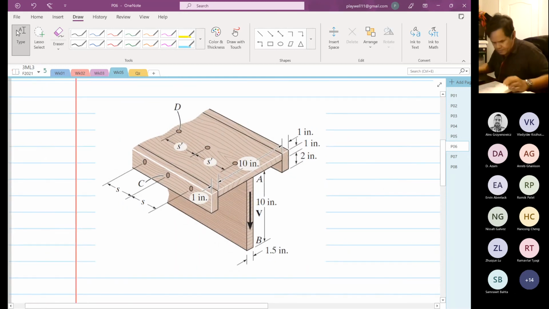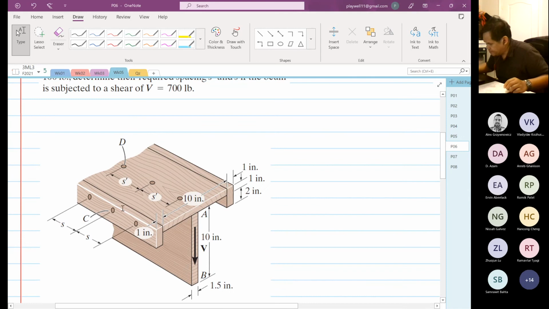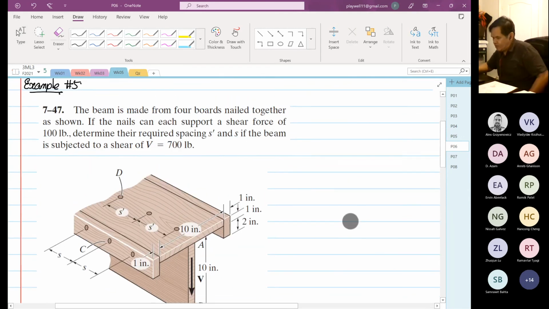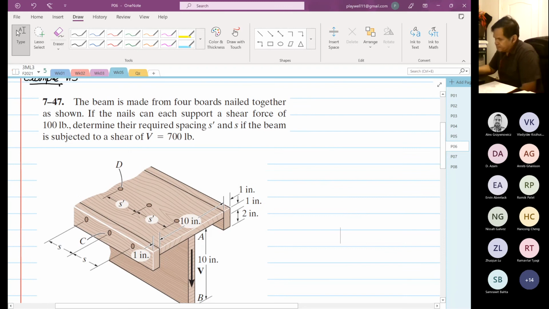So this is the structure that we have. Okay, so I've sketched it out for you guys earlier. The beam is made of 4 boards nailed together.